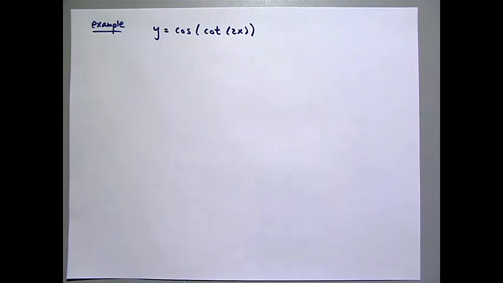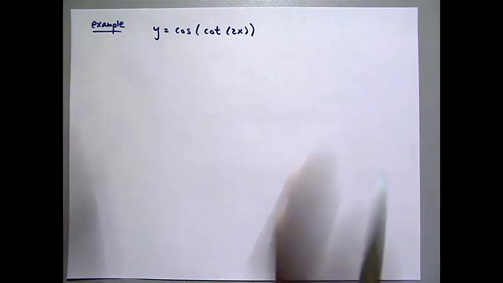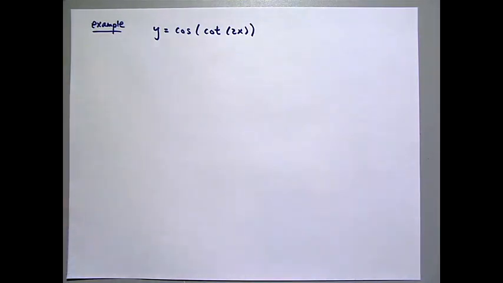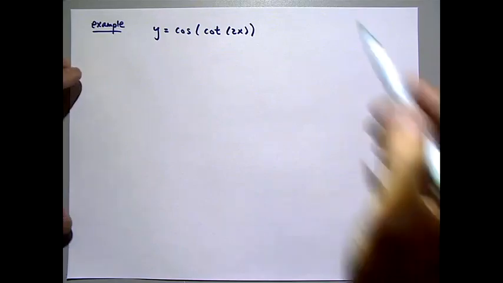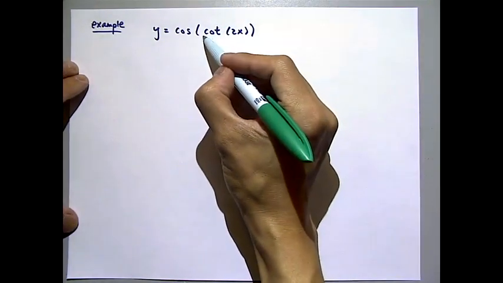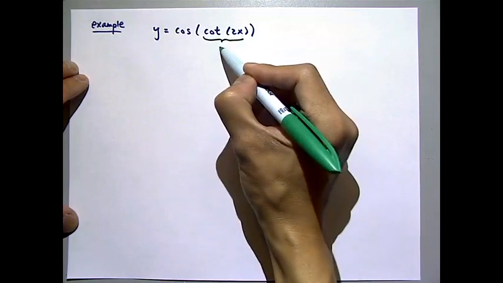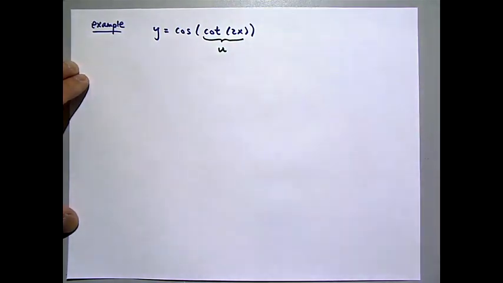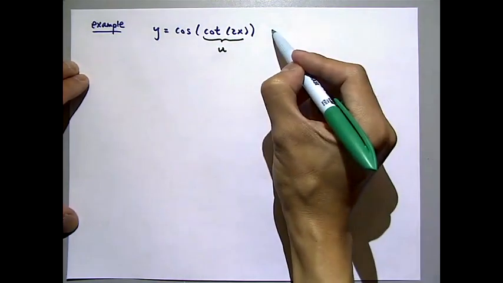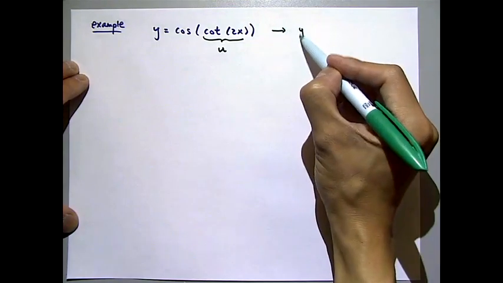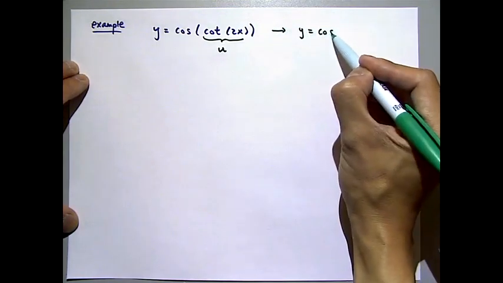And as usual, you work inside out. First go into the most interior part and try to pick something to be your first u, and then go from there. Okay, so why don't we call this thing u here? And so what we got here is simply y is equal to cosine of u.